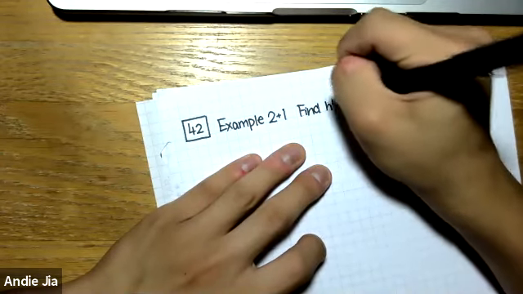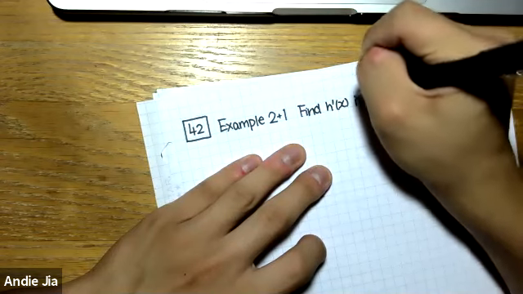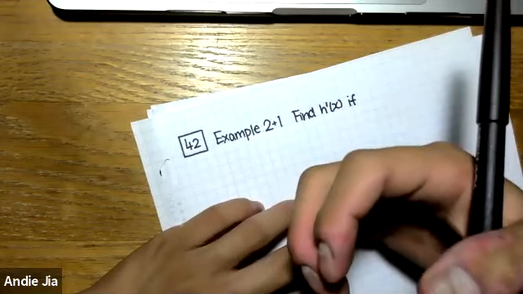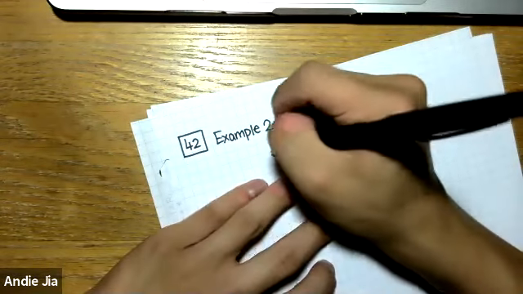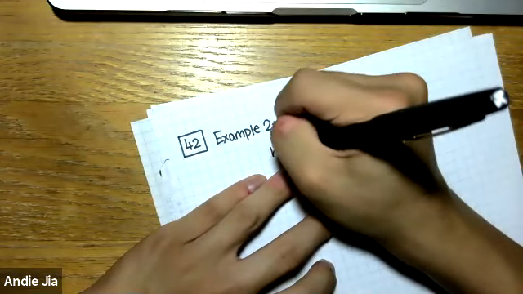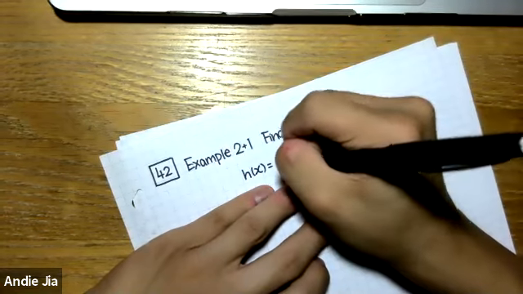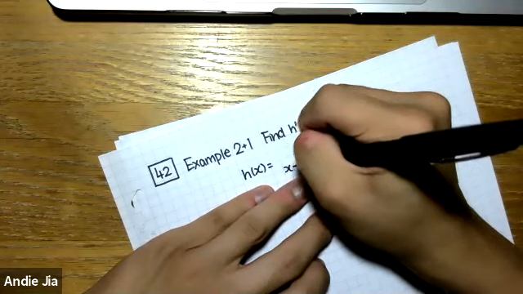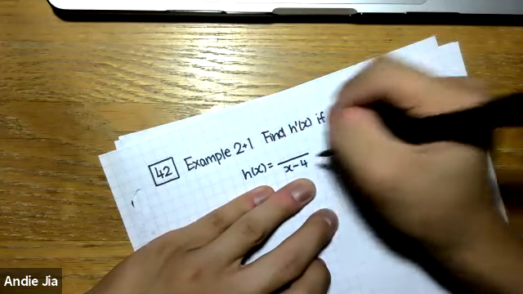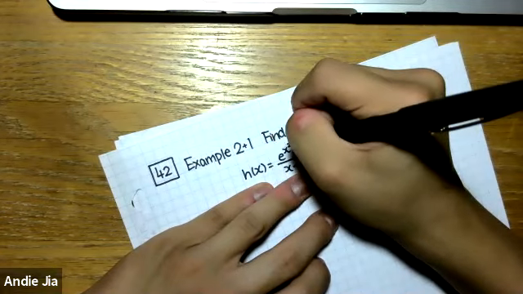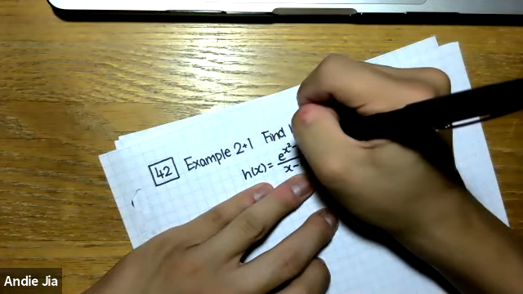Find h prime of x if h of x is equal to x minus 4 over e to the x squared minus 1.